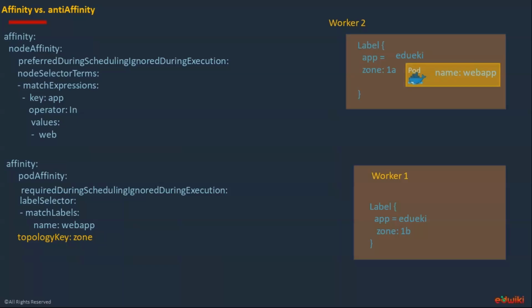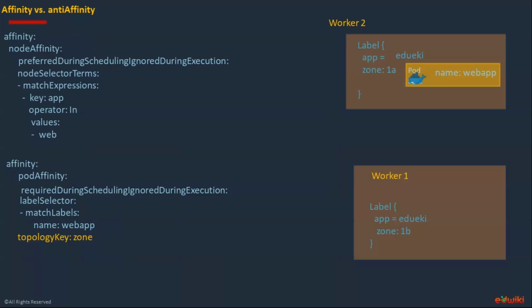or worker 3 also. That means topology key says that, hey, you first find the worker node where the existing pod has the same label. That's the first thing. In this case, let's say it will identify worker 2, where the pod is already running. Now you pick up the topology key. What is my topology key? Zone.